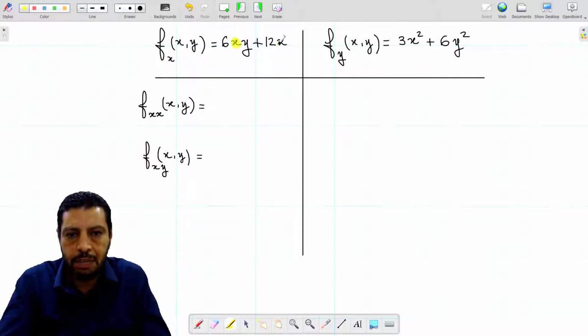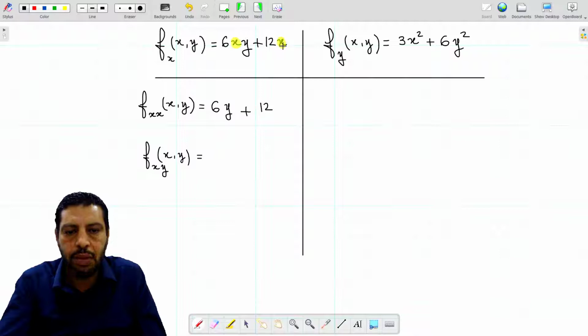The x appears here and here. The corresponding derivative will be 6 times 1, since the derivative of x with respect to x is 1. 6 times 1 times y, so 6y, plus obviously 12.